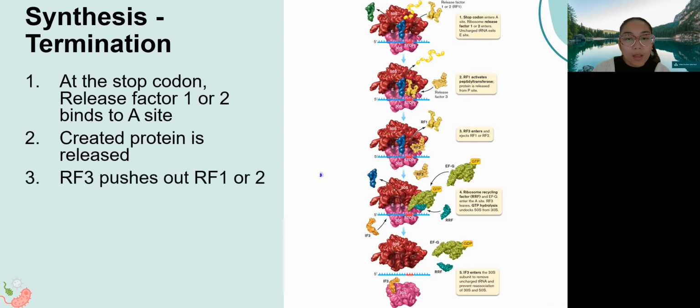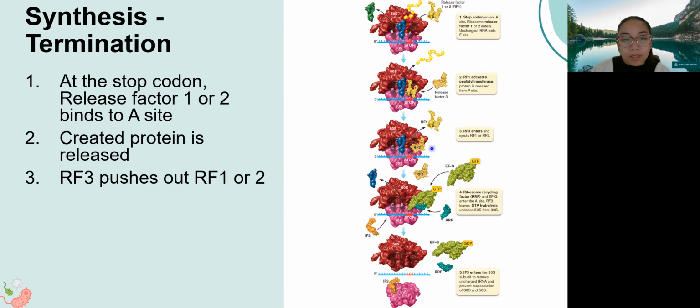And so what happens is another one, RF3, release factor 3, comes in and binds to the A site, which pushes off RF1 or 2, depending on who was there. In this case, it was RF1, and so RF1 leaves, and RF3 is there now.